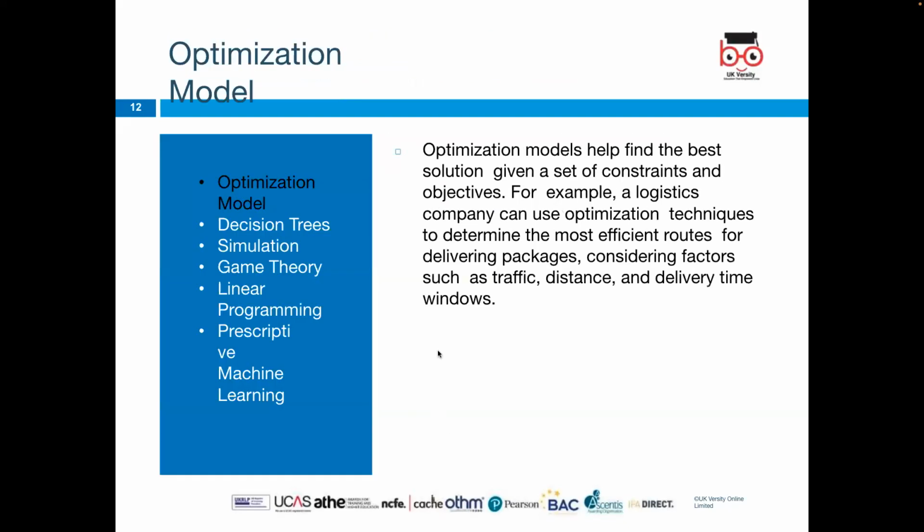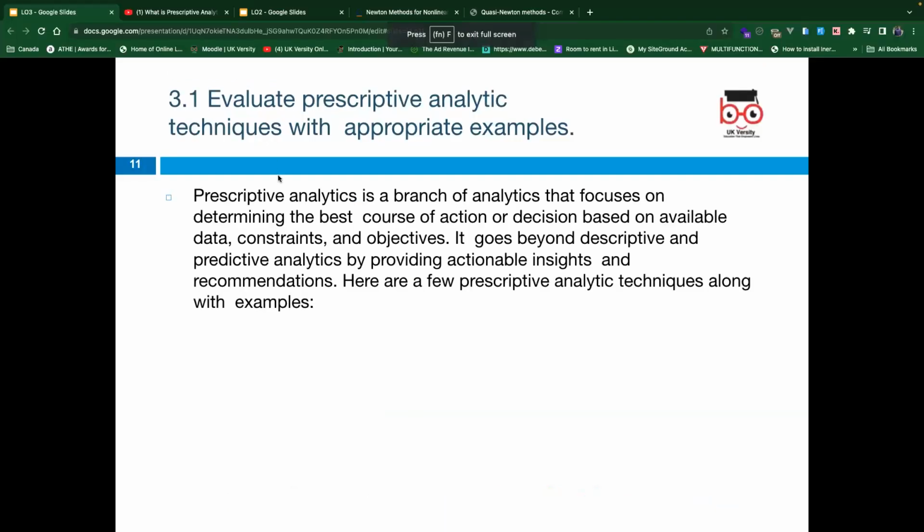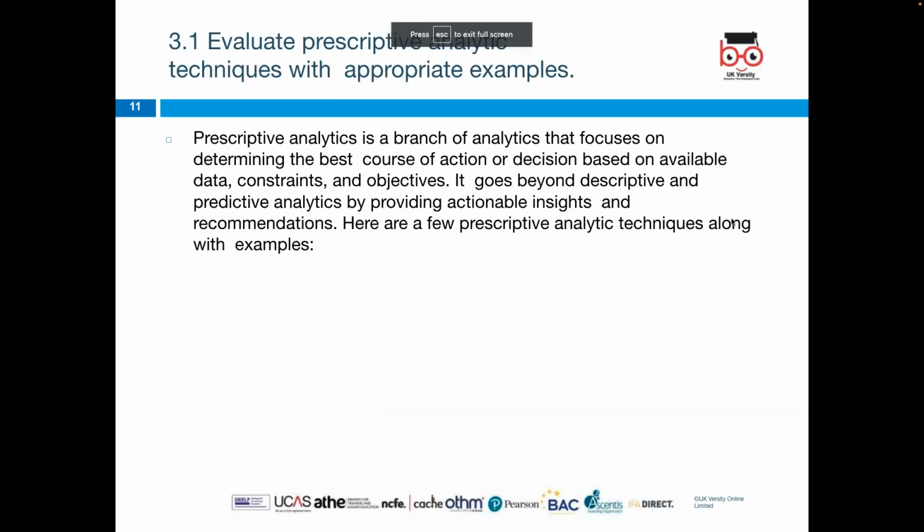The next subtopic is to evaluate prescriptive analytic techniques with appropriate examples. First of all, prescriptive analytics is a branch of analytics that focuses on determining the best course of action or decision based on available data, constraints, and objectives.